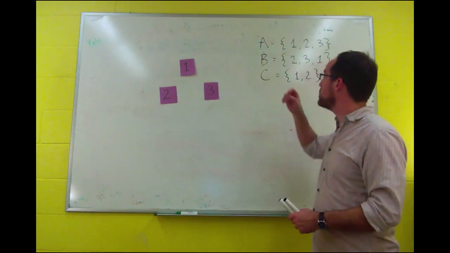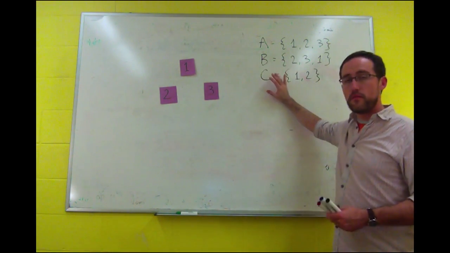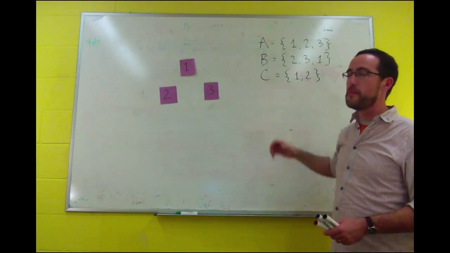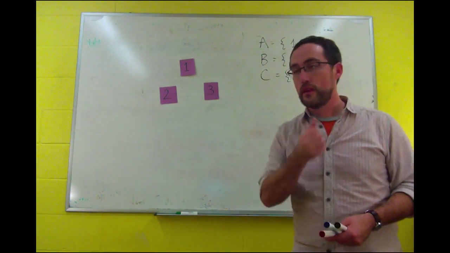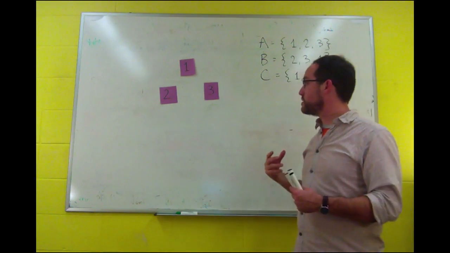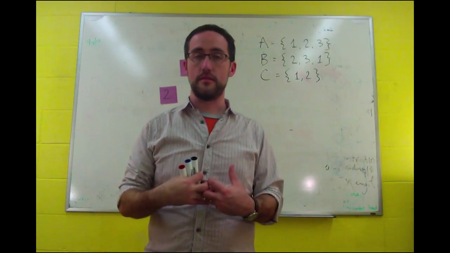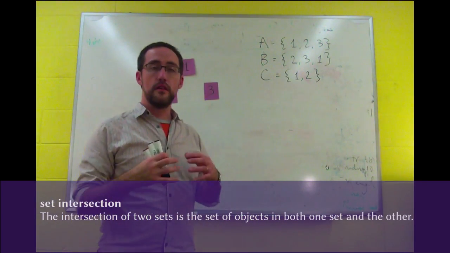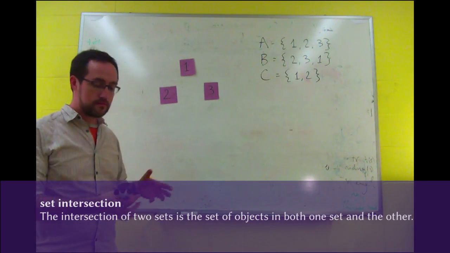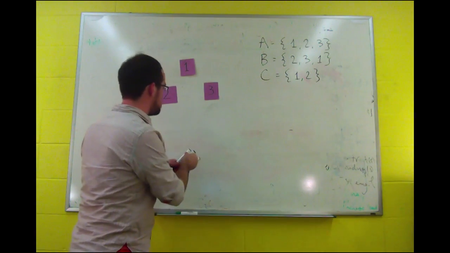Now, when two sets share members, but neither is a subset of the other, we say that they intersect. And we can even define a set called the intersection of the sets that involves every element that's in both sets.